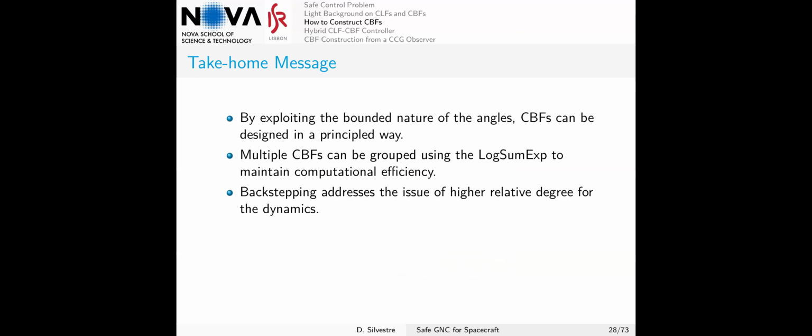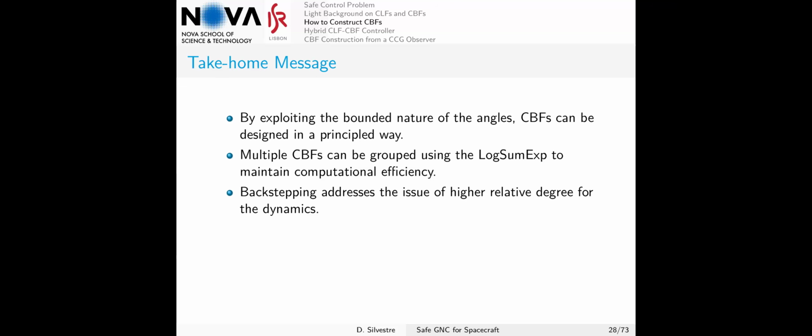But in general, that's not going to work. With multiple CBFs, you can always group them with a log-sum-exp trick. This is just to maintain computational efficiency in terms of the lookup table that we are going to generate for the controller. And backstepping allows you to address the issue of higher relative degrees.